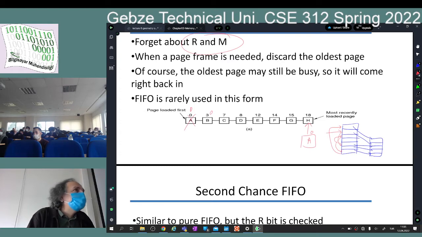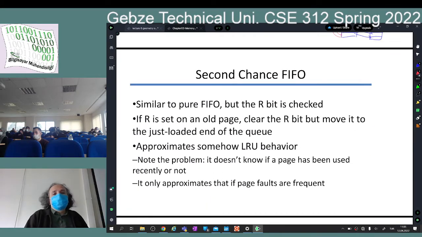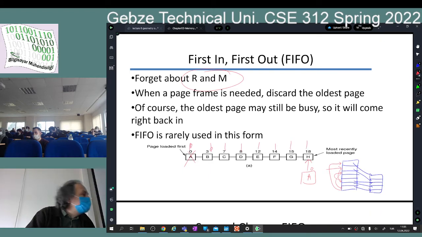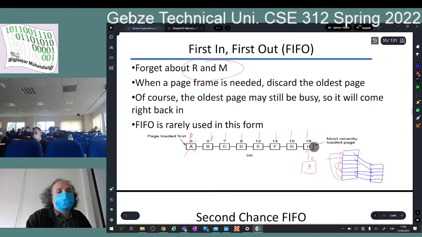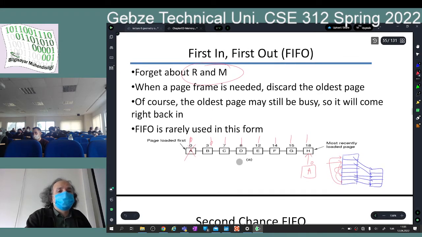What if all the pages are referenced in that case? Yeah, that's the question. What happens if all the bits are 1? We are resetting when we put into the list. So this one will go to the beginning of the linked list, this one will go to the beginning, and so on.